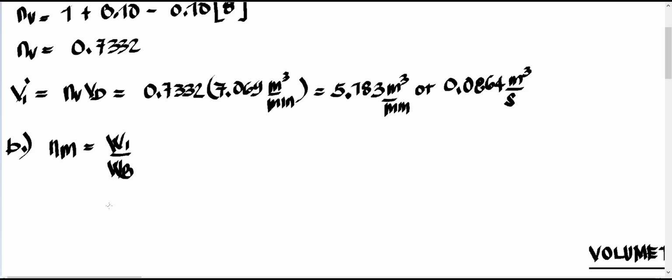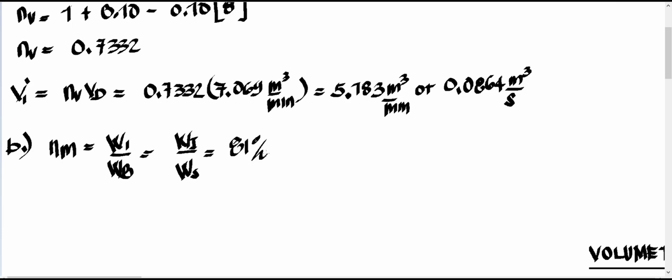So since we're looking for the shaft power, the indicated work is the work inside the cylinder, divided by the work of the shaft, or Ws.